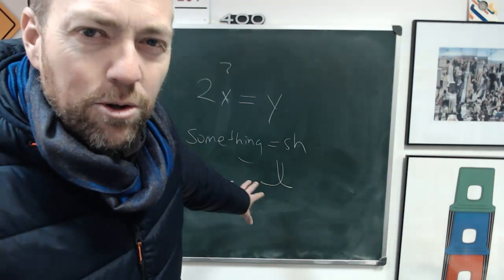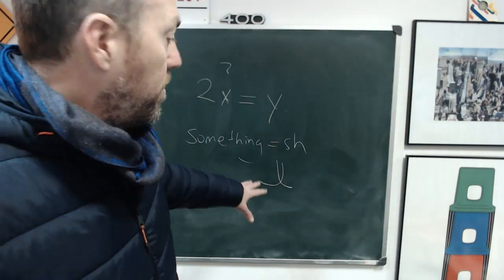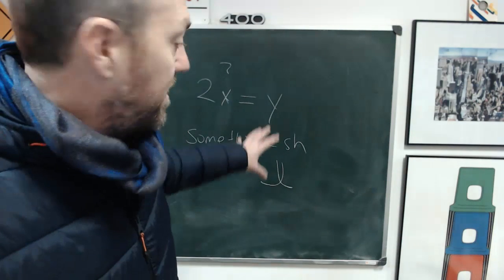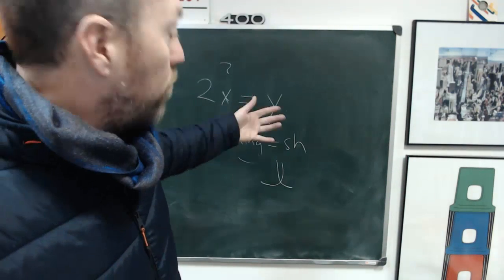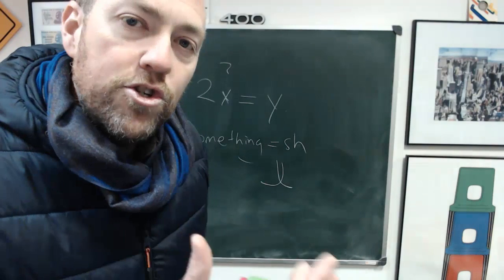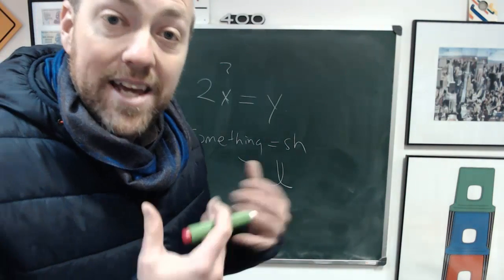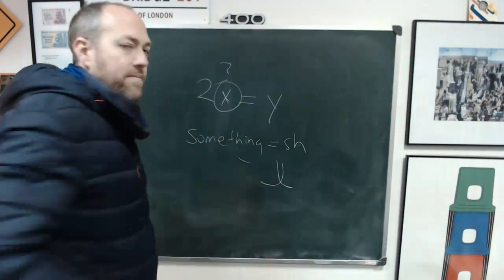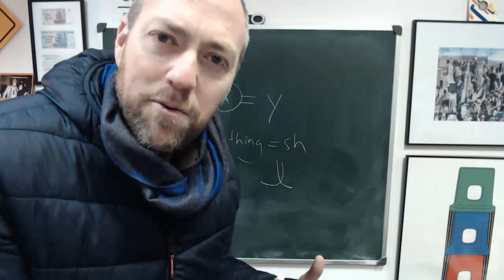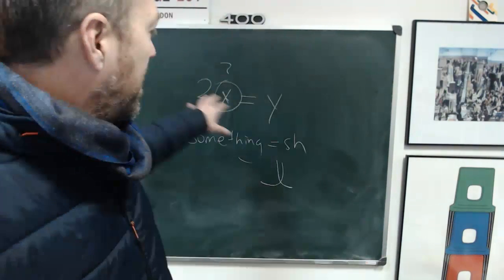It basically looks like an X. So they used the Greek letter chi to represent the sound sh. And then, of course, in English, and probably in your language, it was substituted for the Latin X. So because of Arabic and because of Spanish, this is the reason why we have X to represent something that we don't know.